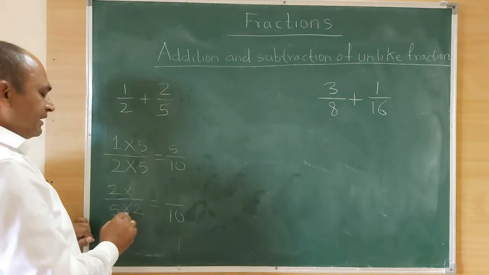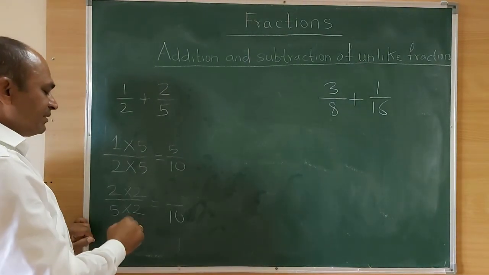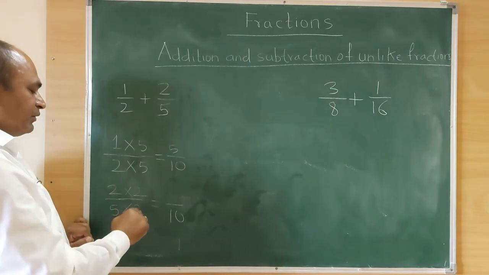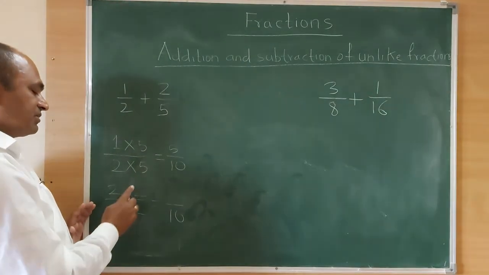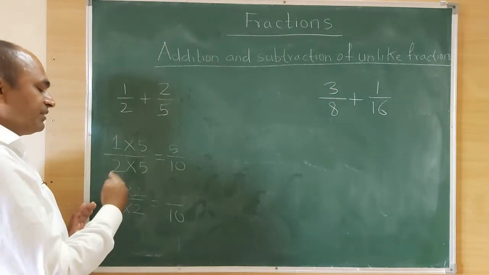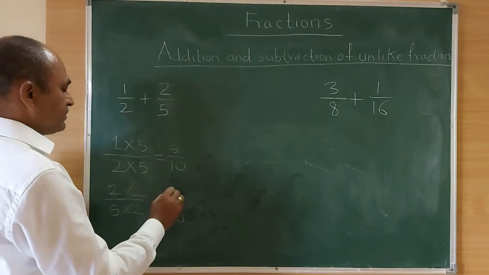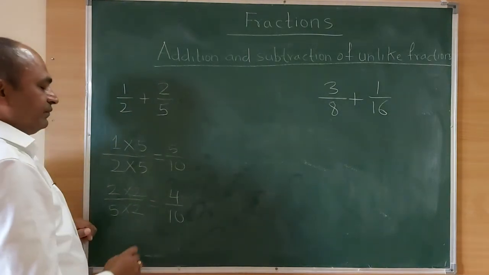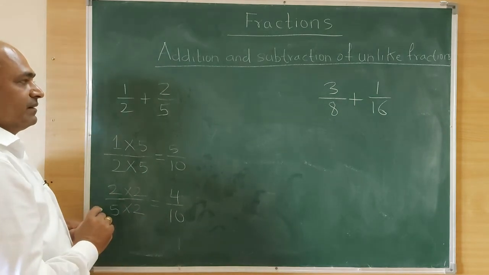And when I am multiplying the denominator by 2, the numerator also I have to multiply by 2, because whenever we are converting a fraction into its equivalent fraction, the numerator and the denominator should be multiplied by the same number. So 2 twos are 4. So the new fraction I got is 4 upon 10.